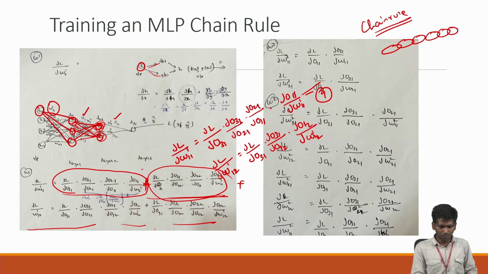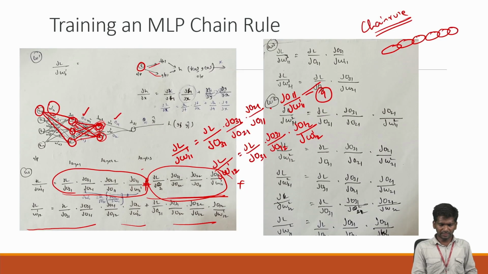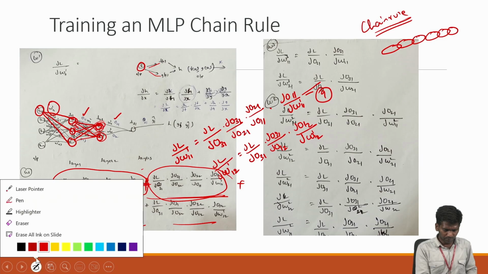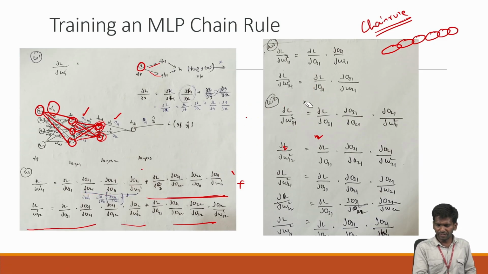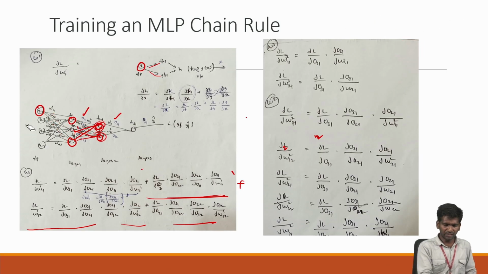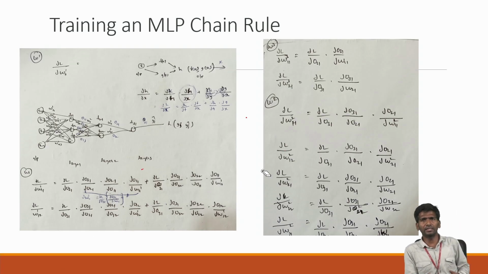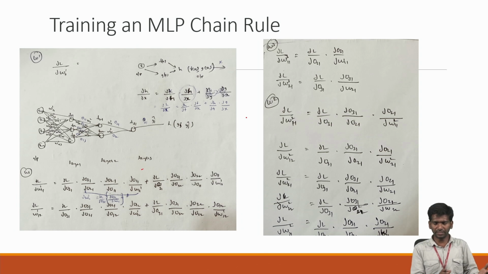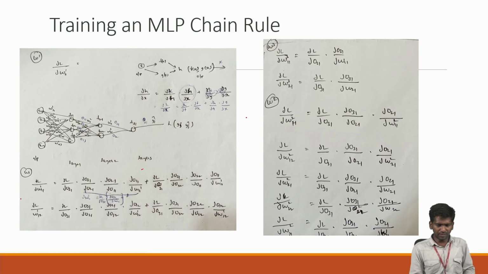If you write all the equations and compare them, we'll get the common derivatives, some common features from all the equations. Those common features we'll be separating out. Instead of calculating every time for every equation, we'll separate them out and then use them.